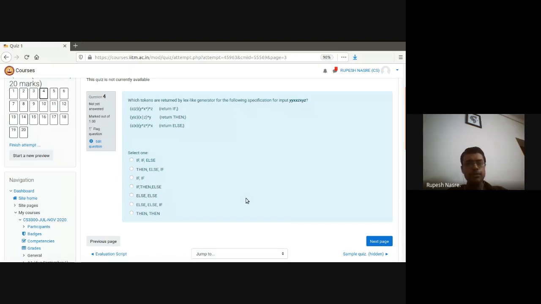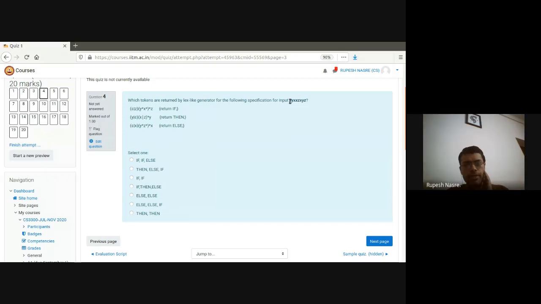Which tokens are returned by this Lex-like grammar? This is a little easy question, but by adding these different options, I made it a little complicated. Let me search for that. y star x star. Yeah, so the answer is probably if and if, but let me just confirm that.